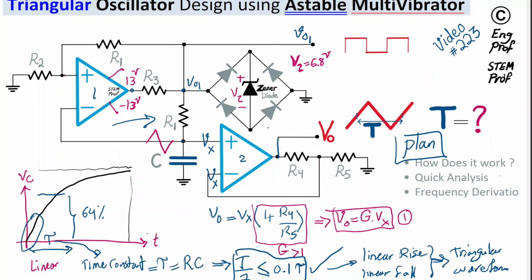Okay, so imagine the input voltage for the positive or non-inverting terminal of op-amp 1 is V plus, and the voltage for the negative or inverting input terminal is V negative. If we assume that momentarily V positive is more than V negative, then given that the open loop gain of this op-amp is very large, the op-amp output would saturate to plus 13 volt, the max value.